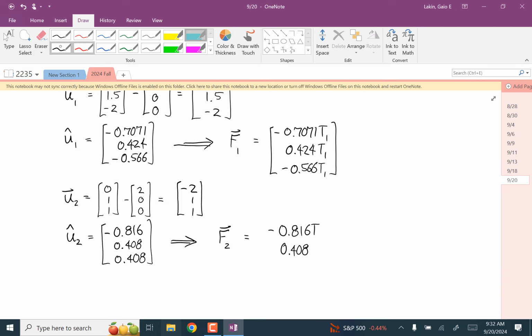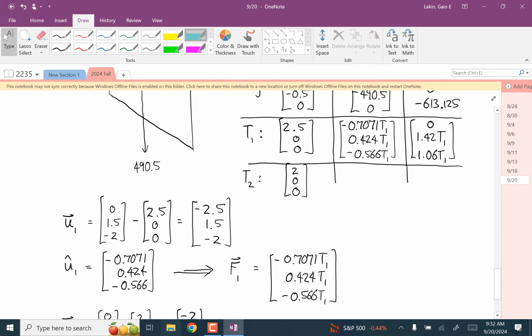It's the other cable. T2. And positive 0.408 T2. So there's our second force vector. And so here we get negative 0.816 T2, 0.408 T2, 0.408 T2.